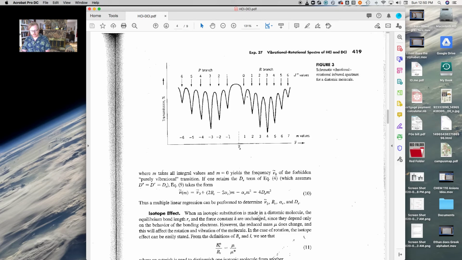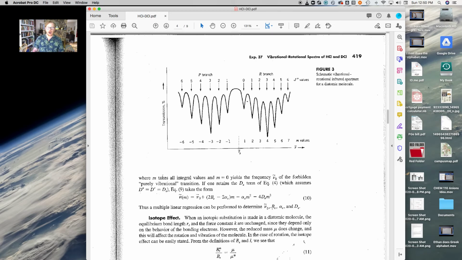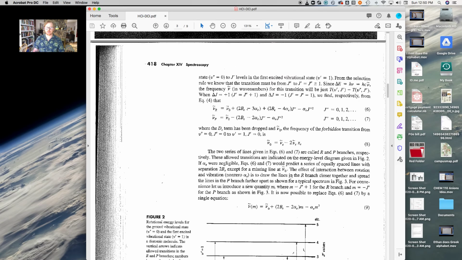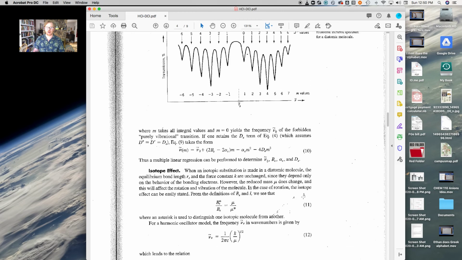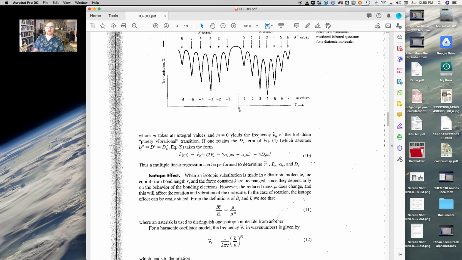Okay, minus 2 alpha E times m squared minus 4DE m cubed. Let's see here, and if I go to this equation, you can see that it's not quite a linear regression. It's more of a polynomial. This is the equation of a polynomial.